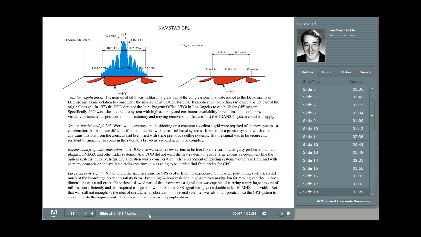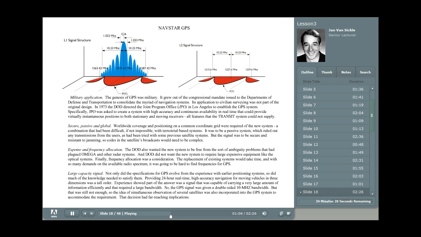Well, the genesis of GPS, of course, was the Defense Department. And in 1973, the Joint Program Office was given the directive to establish the GPS system.